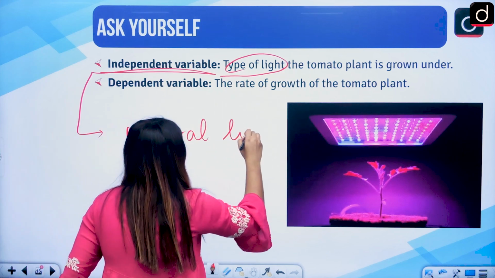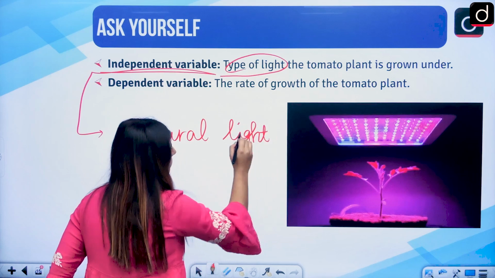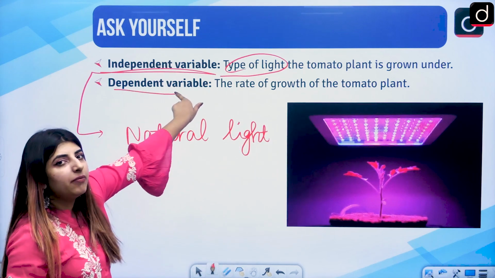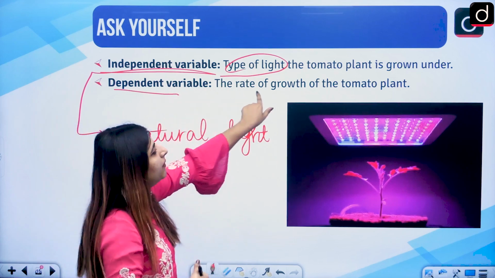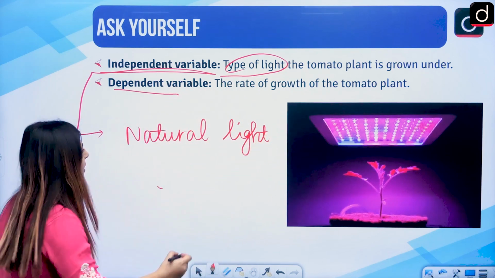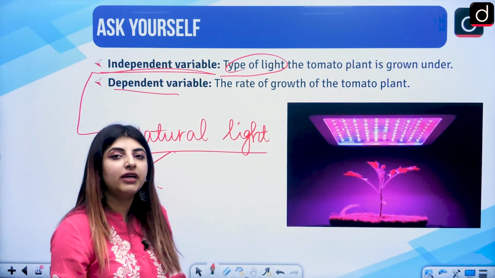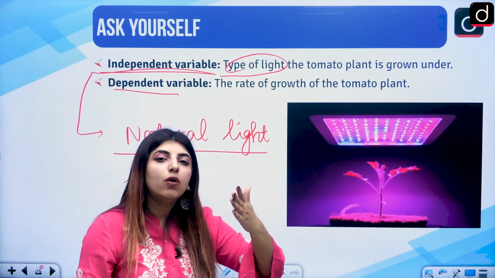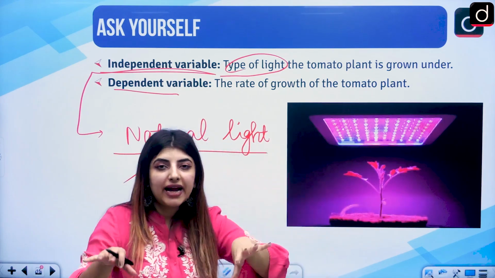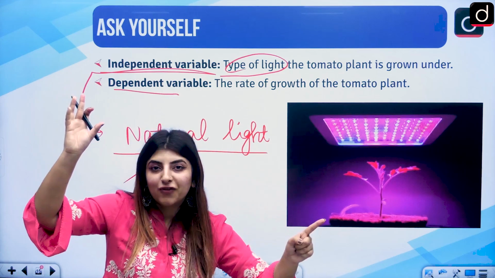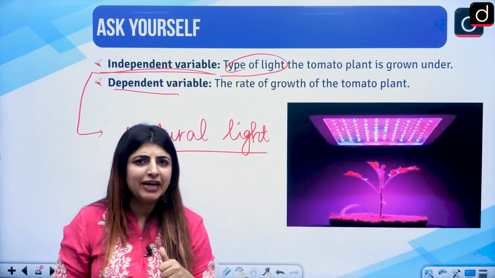I have seen the effect of natural light on the plant growth. Dependent variable is the growth of the plant. How is it growing? If I am growing it under natural light, how fast is it growing? If I am growing it under fluorescent light, how fast is it growing? So, I am seeing the changes in light on the growth of the plant. So, I hope you identified it right.